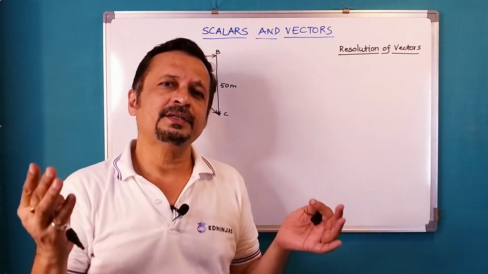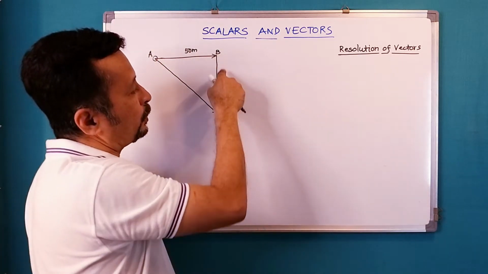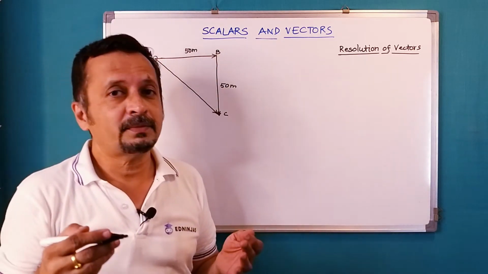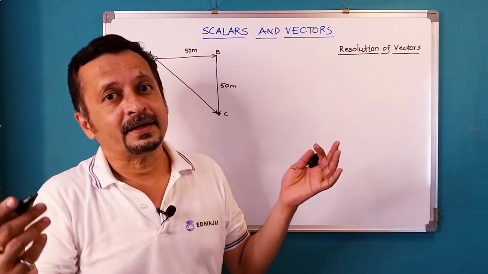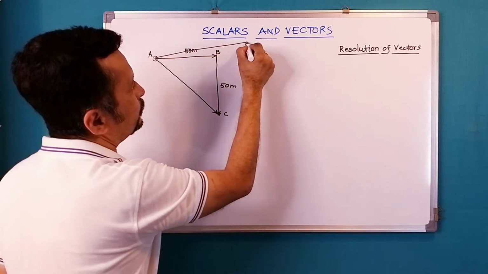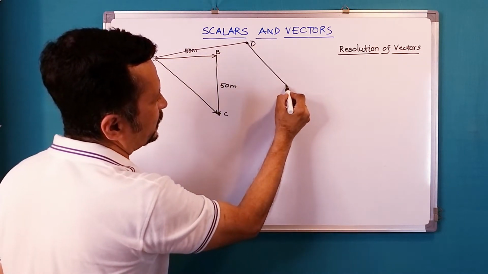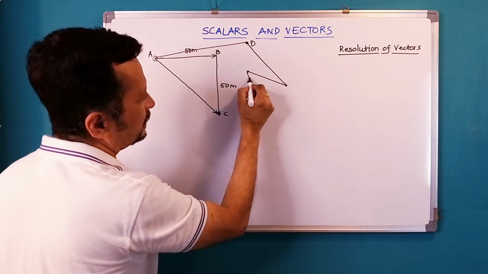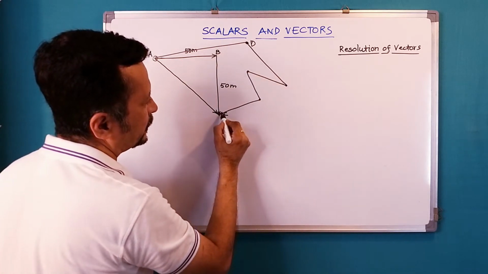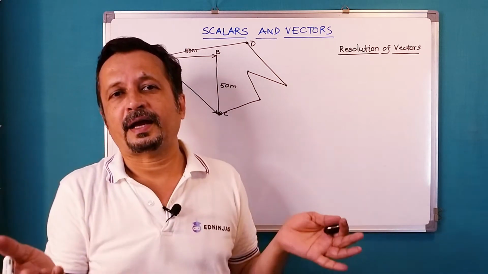So you don't have any reason to imagine that I may have walked to B and then C. Maybe you can even think that I may have walked from point A to point D here, from point D over here, then over here, then over here, and then over here. You have every reason to think like that.